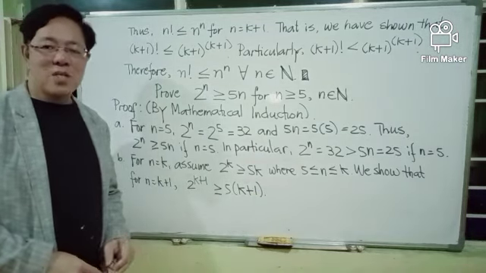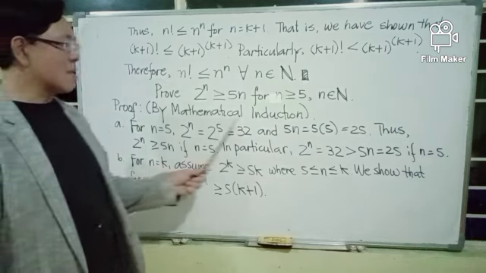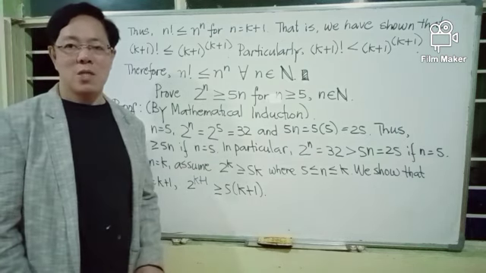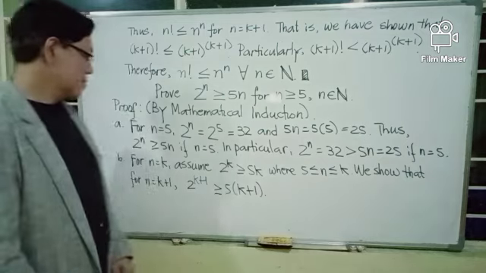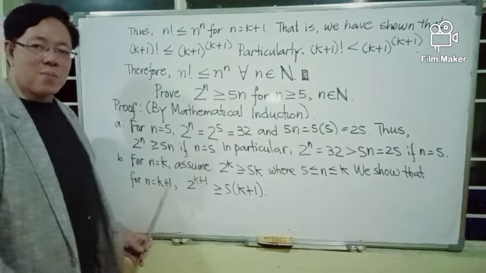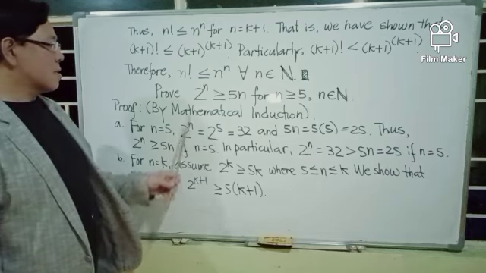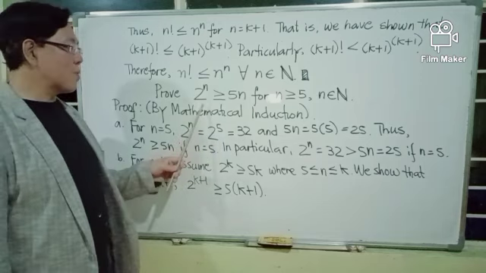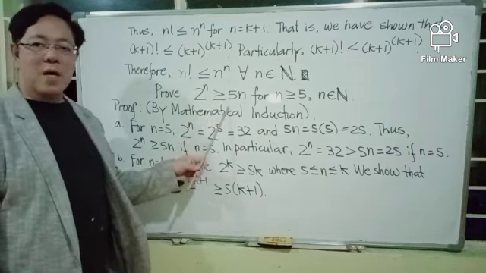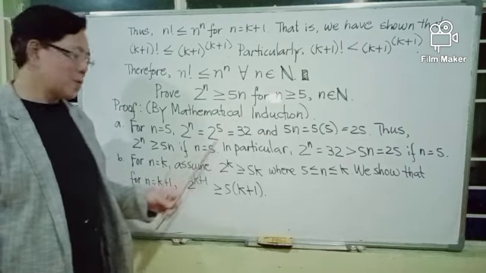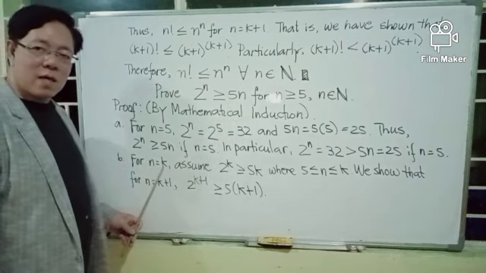In the second part of the proof by mathematical induction, we state our induction hypothesis. And the induction hypothesis is that this mathematical statement, 2 to the power n greater than or equal to 5 multiplied by n, is true for n equals k.